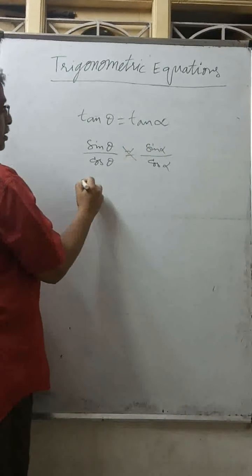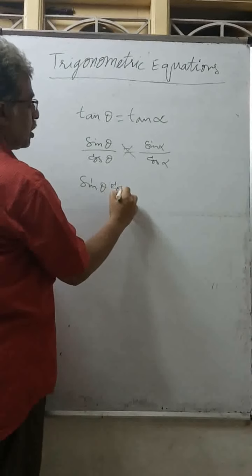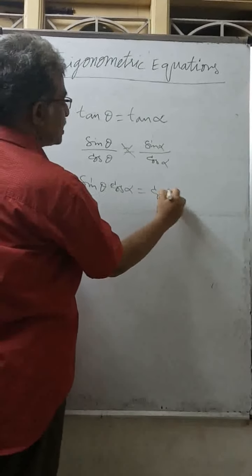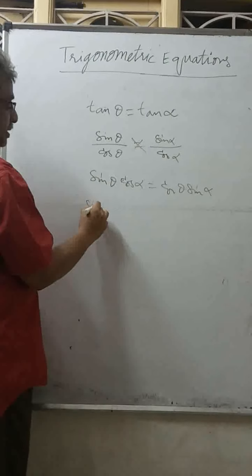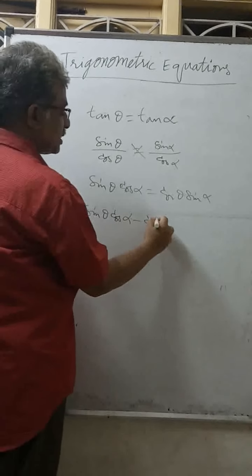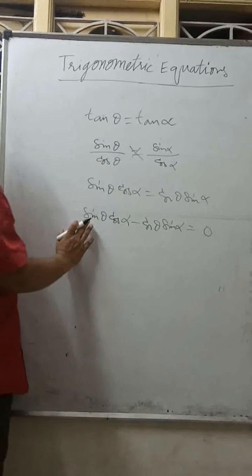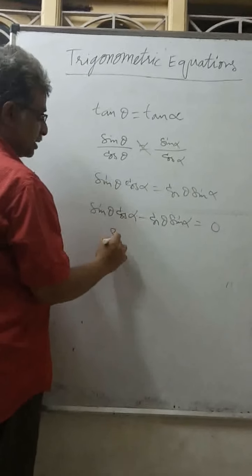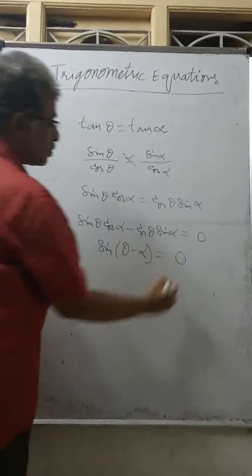Cross multiplying: sin theta cos alpha equal to cos theta sin alpha. Bringing all to one side, sin theta cos alpha minus cos theta sin alpha equal to 0. Now this is sin A cos B minus cos A sin B, sin of A minus B, so sin of theta minus alpha equal to 0.